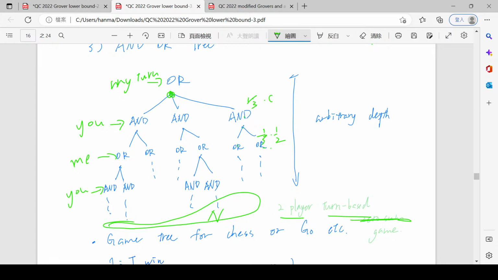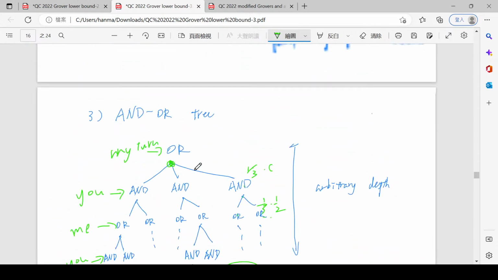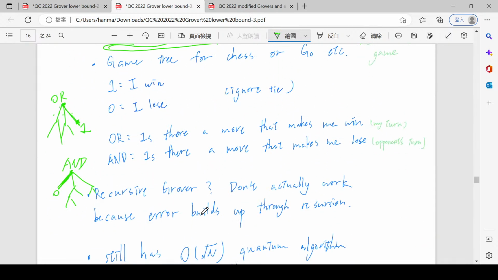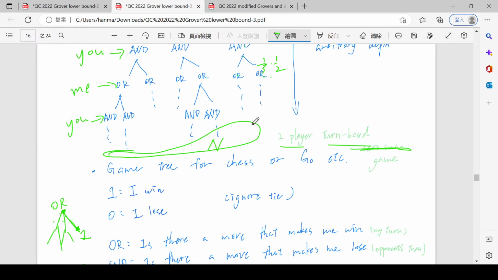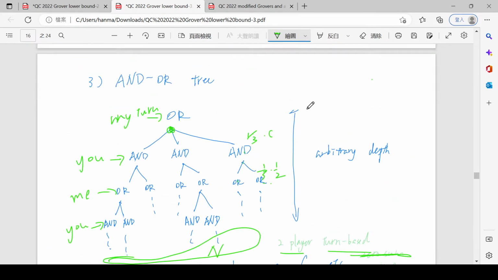And so if you just run recursive Grover and check everything carefully, the precision requirement will eat out all the quantum speedup you get. So you don't get a quantum speedup if the depth of the tree is high enough.